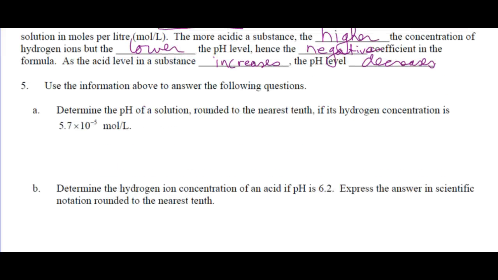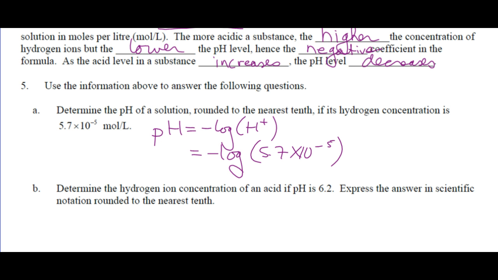So you write down pH is equal to negative log H plus, which is negative log 5.7 times 10 to the negative fifth. You can plug that into your calculator, and to save time, we'll get 4.2.